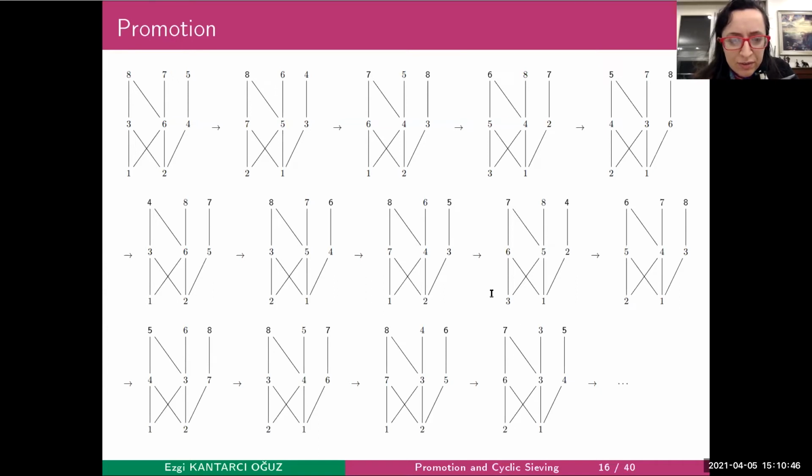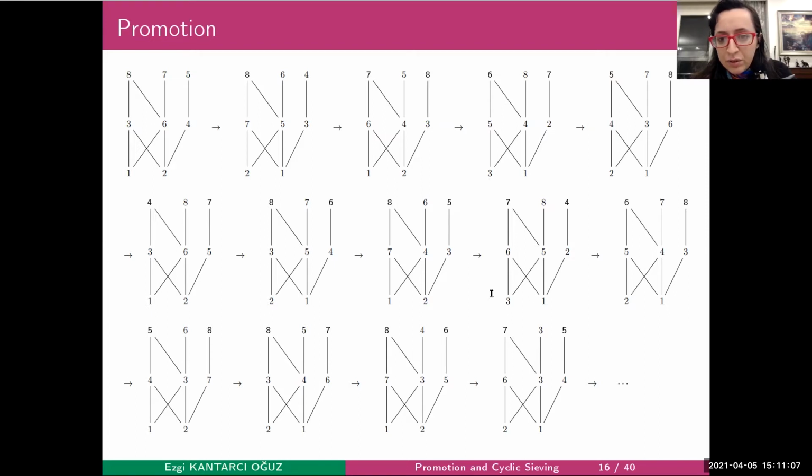Well, this was just a random example, and I kept repeating, and I ran out of space. The promotion generally does not have a very small, nice order, though it depends on the shapes. But for this example, I guess it was larger than 14.